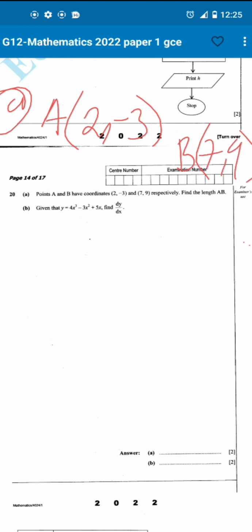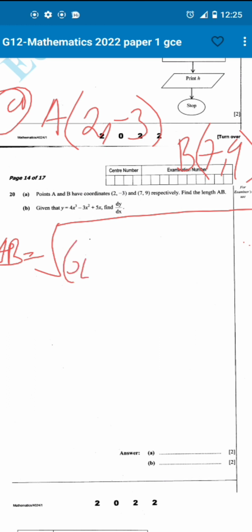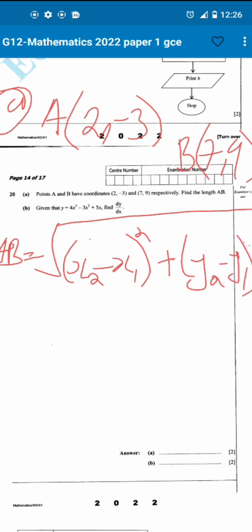In order for you to find the length of AB, you need a formula, where you say the length AB is equal to the square root of (x2 minus x1) squared plus (y2 minus y1) squared. So this is the formula.